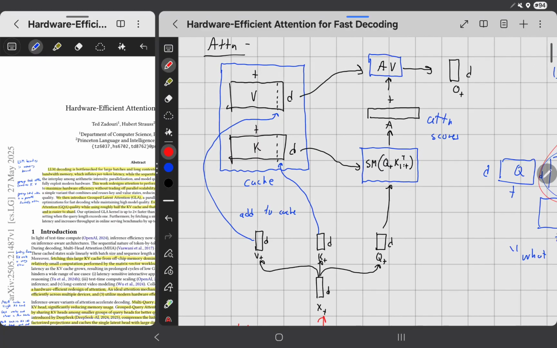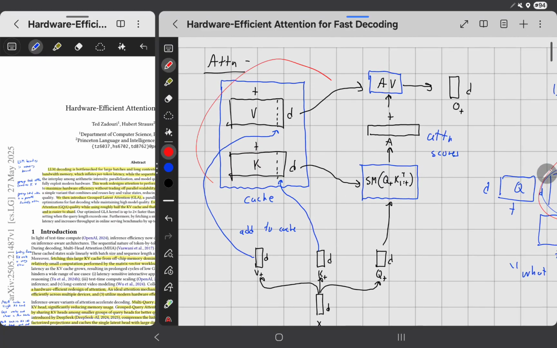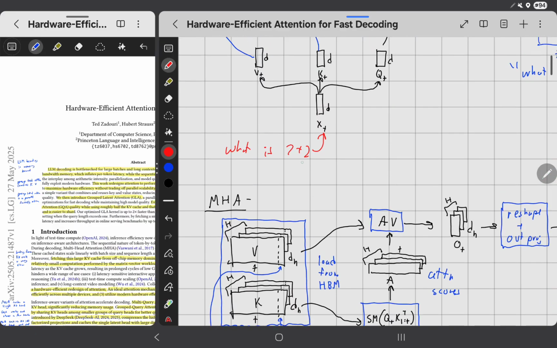Now, whenever you get to the decode stage, you have your keys and values for all previous tokens in your prompt. So if we have "what is 7 plus 2", you have your KV cache for the tokens "what is 7 plus". In the example I have it just for these tokens here. For token 2, let's say we want to predict the next word, maybe it'll give us an equals.